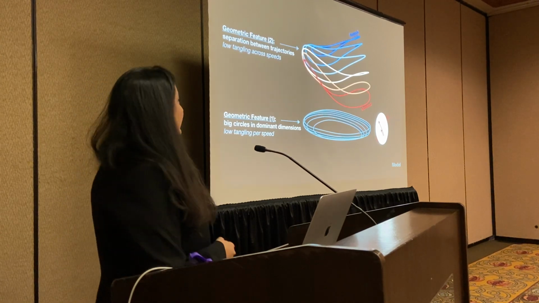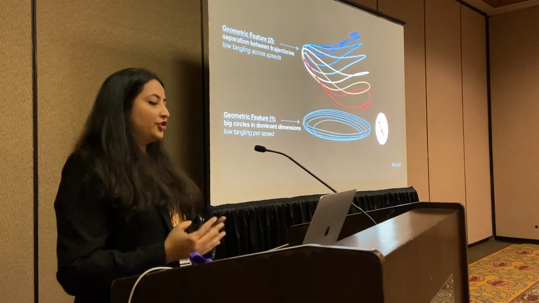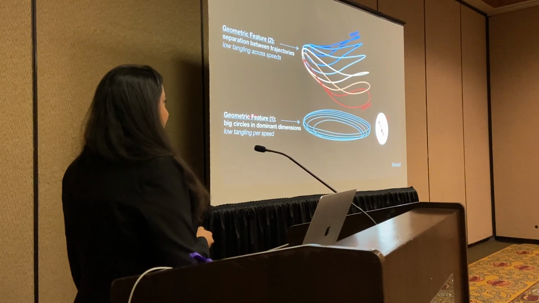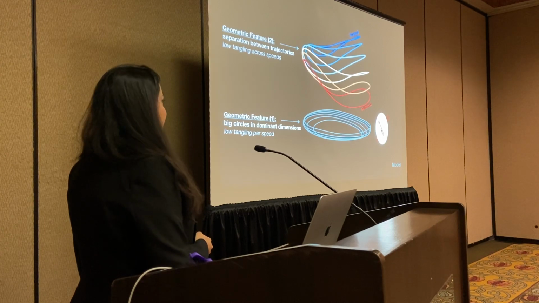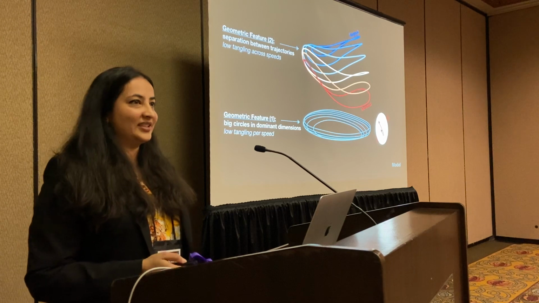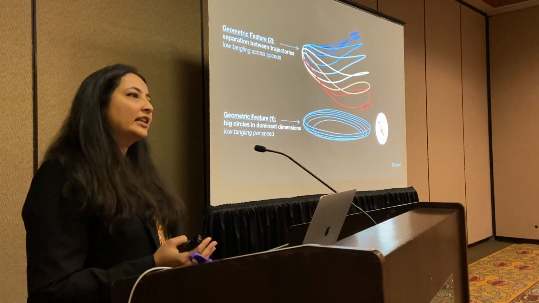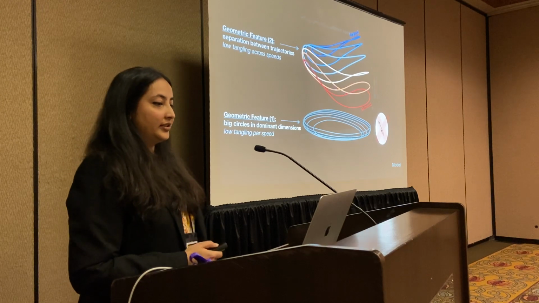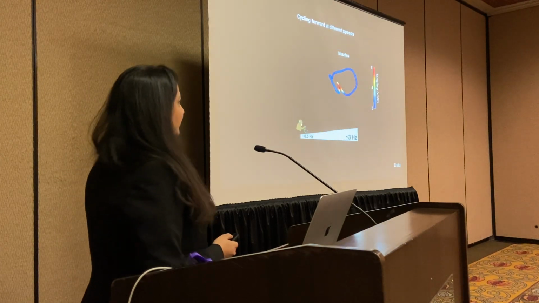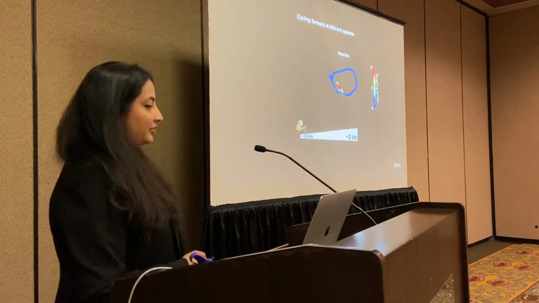Okay, so this is exactly the concrete predictions for the data. We have two concrete predictions: big circles in dominant dimensions, and a separation between trajectories. Now let's see in the data whether that holds true. And moreover, we will also be able to calculate the trajectory tangling in the data itself. So to check the first prediction, we take the monkey cycling forwards at different speeds.